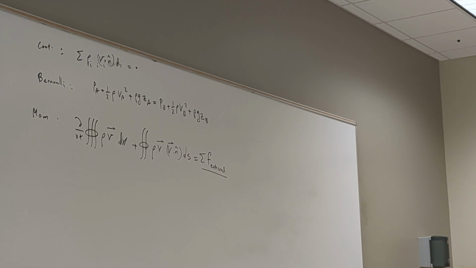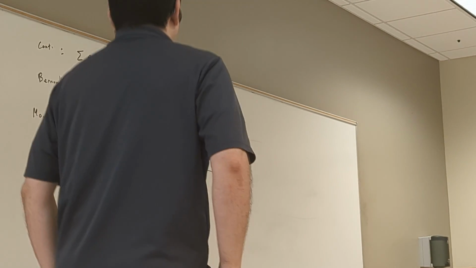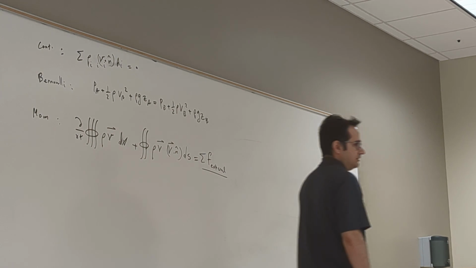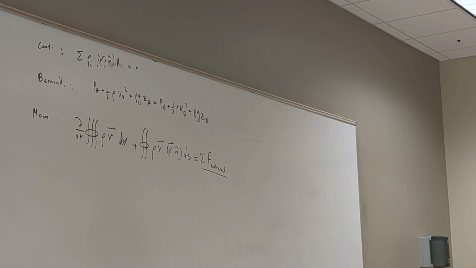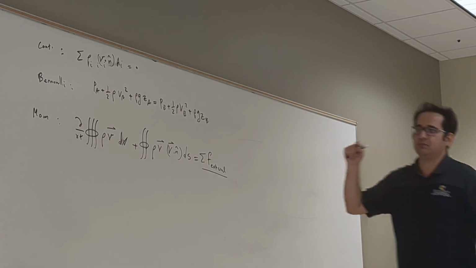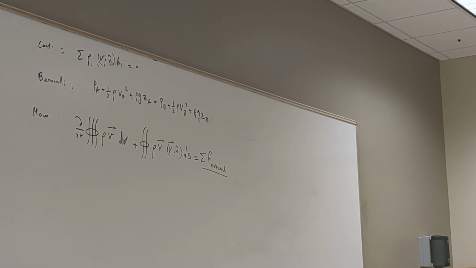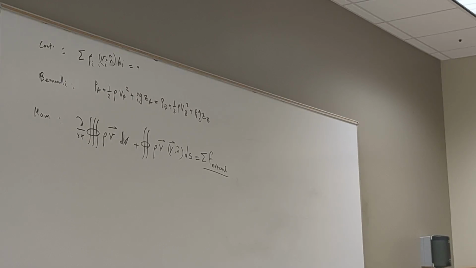What was the assumption to write the Bernoulli equation? Frictionless. Is this frictionless? Consider the streamline that goes through the core of the pipe. Forget about this surface here. Just consider the core. Can I write that equation for a streamline that passes through the core?